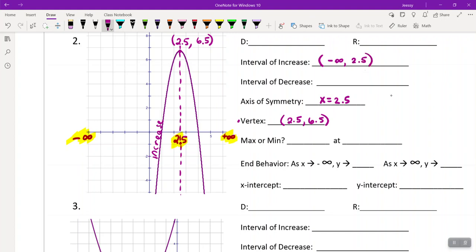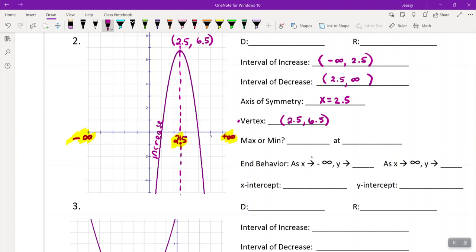And from which x to which x is your function decreasing? 2.5 to positive infinity. All right, so that's the interval of increase and decrease. Establish your axis of symmetry, and you can do intervals of increase and decrease, okay?